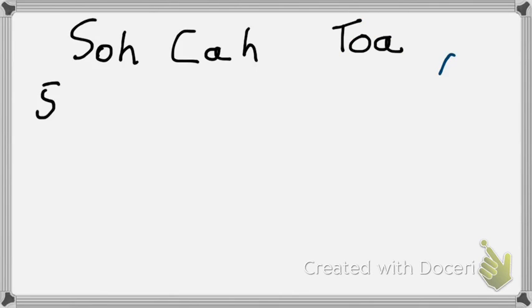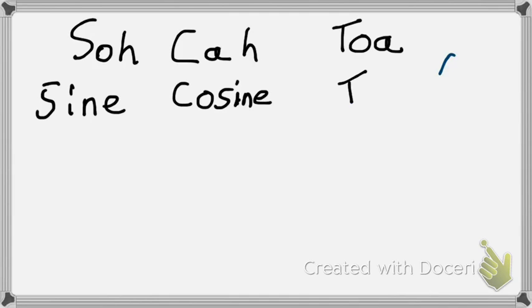So I do want to go over some stuff with you guys. When we left off, we were talking about trigonometry, sine, cosine, tangent. So I want to do a very brief review of that. We have three different what are called trigonometric functions, and that is sine, cosine, and tangent.